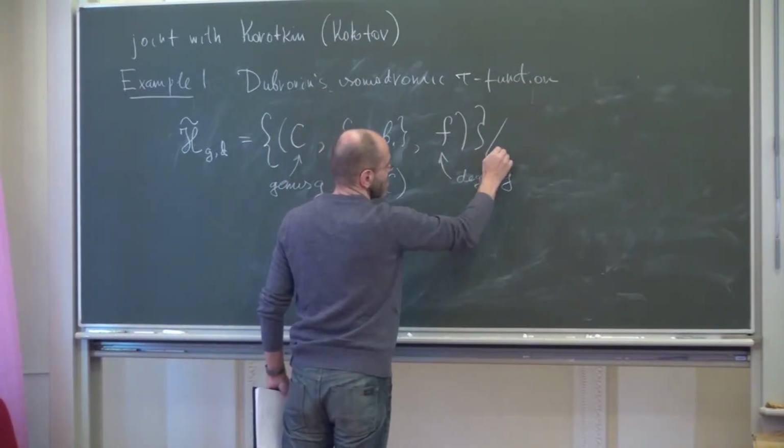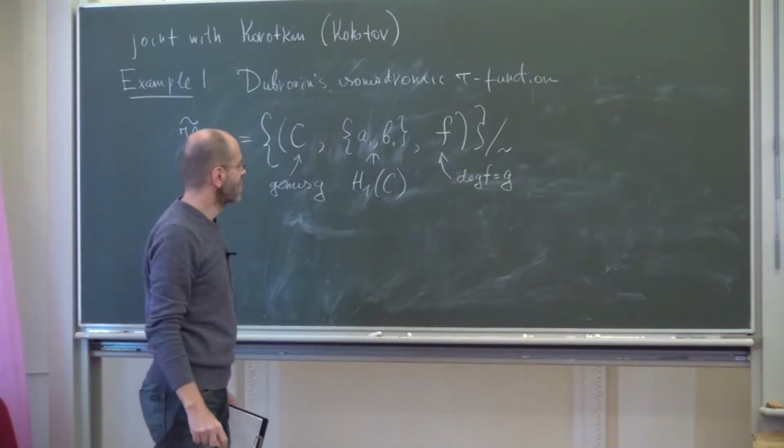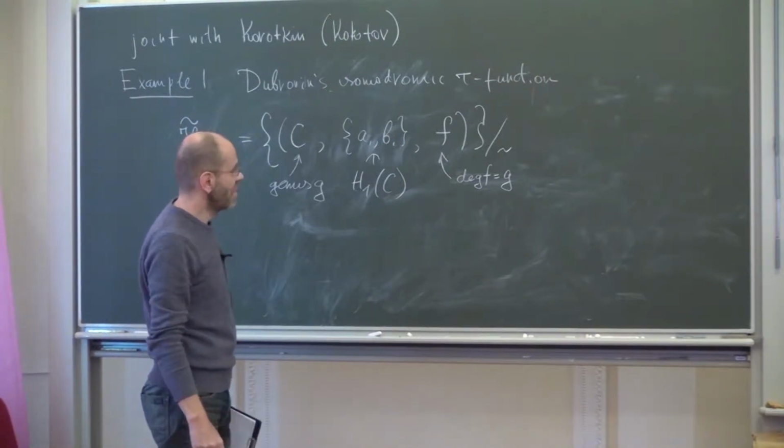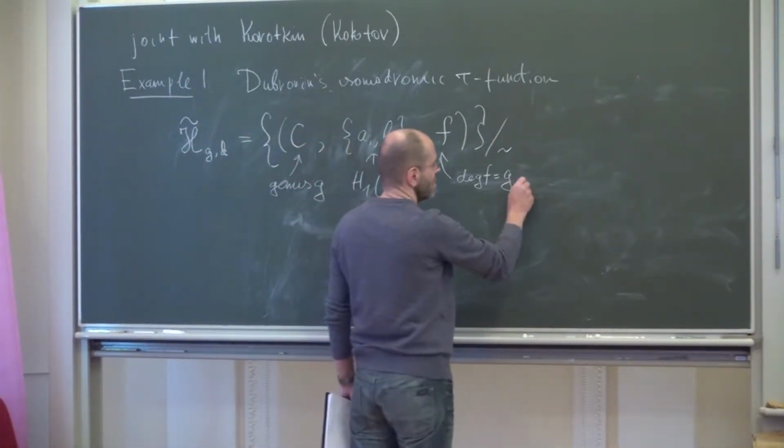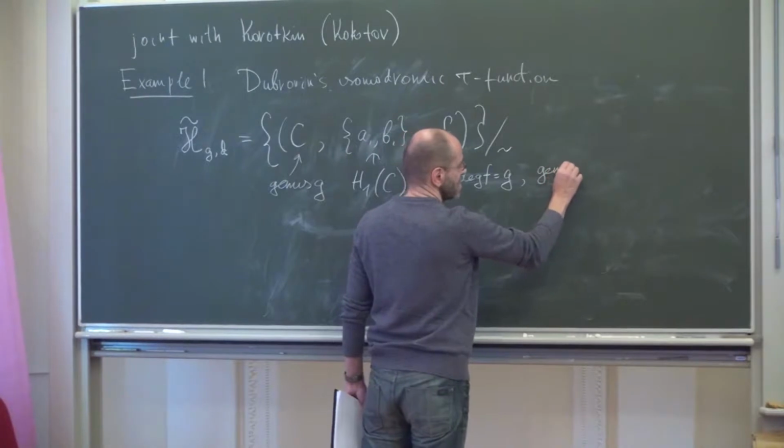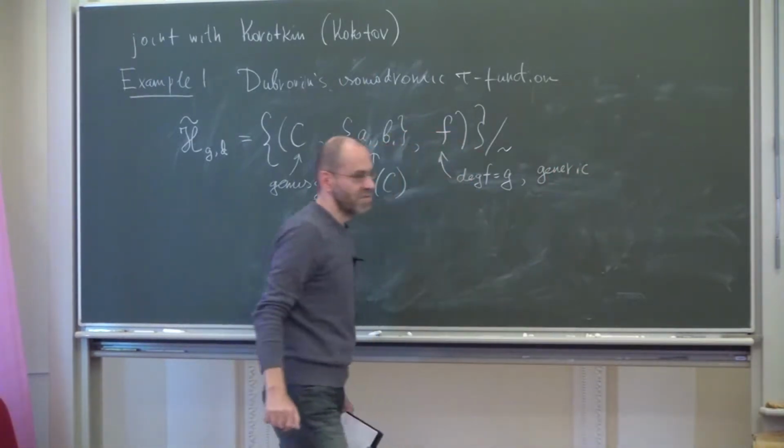So there is a natural equivalence relation. We identify isomorphic triples. And we want to consider only generic meromorphic functions. What does it mean, generic?